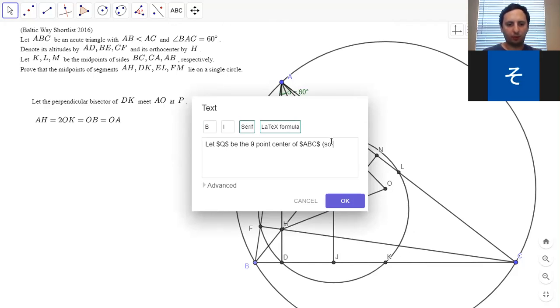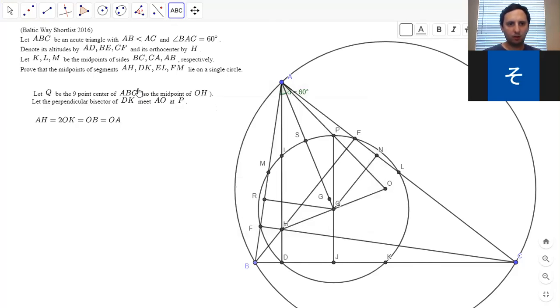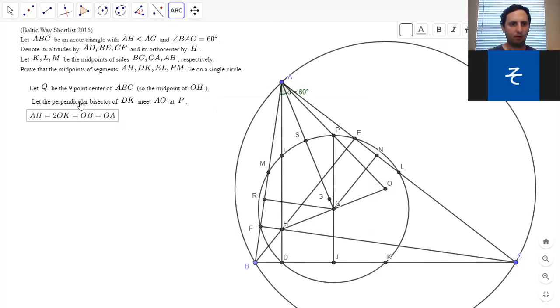So the midpoint of OH. Okay, so we have that. So that means angle AQO is 90, which means that PQ equals QO.